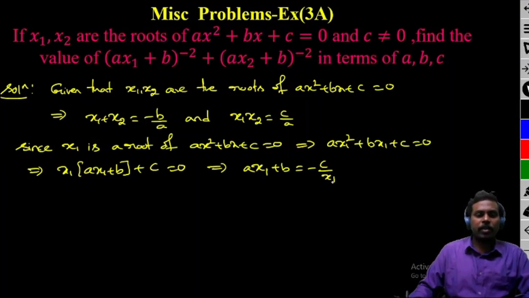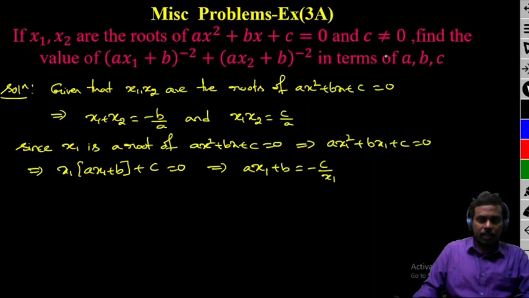What is x1? x1 is actually a root. If at all x1 is equal to 0, that means one root of the quadratic equation is 0. If I substitute 0, then what do I get here? a into 0 plus b into 0 plus c is equal to 0. That means c must be 0. But it is given that c is not equal to 0.